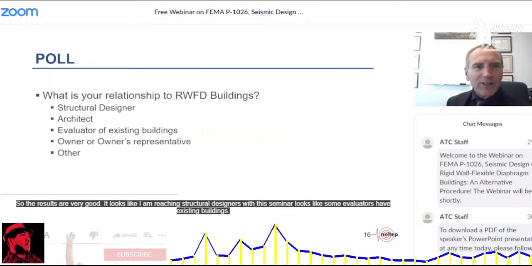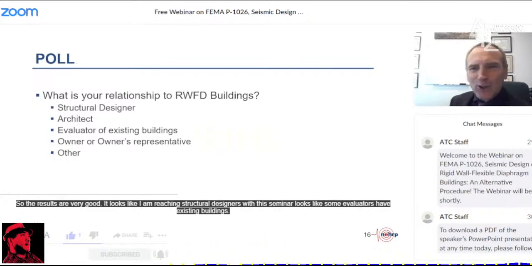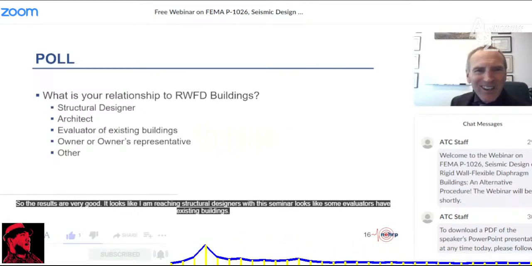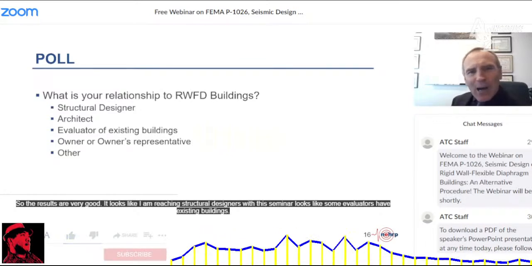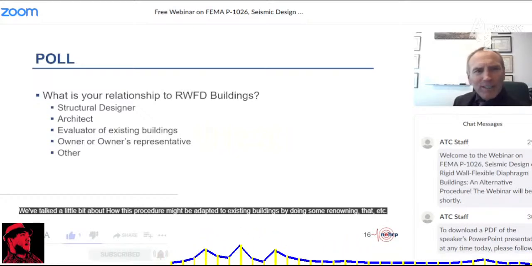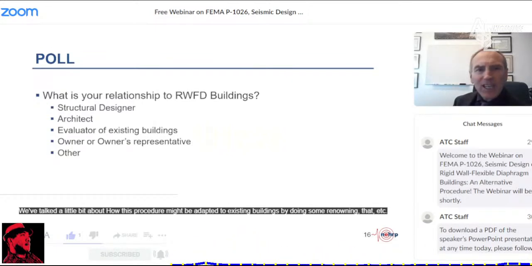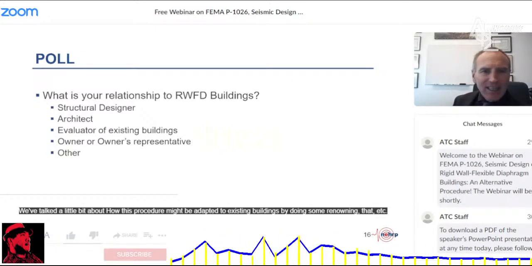So the results are very good. It looks like I am reaching structural designers with this seminar. Looks like some evaluators of existing buildings. We've talked a little bit about how this procedure might be adapted to existing buildings by doing some renailing, et cetera.